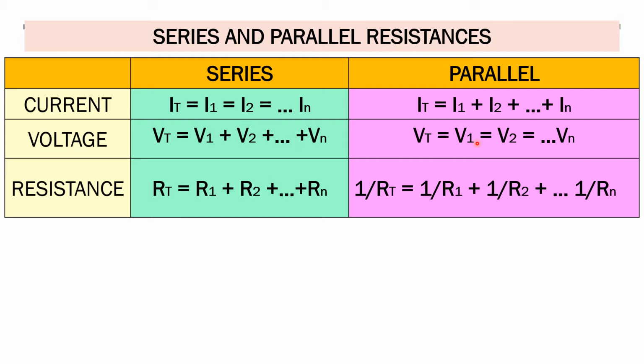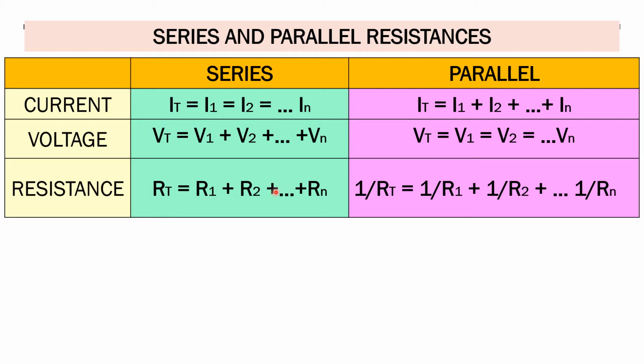Each and every voltage across the circuit is the same. Now for determining the total resistance in a series circuit, we also add the individual resistances, such as R1 plus R2 plus R sub n.